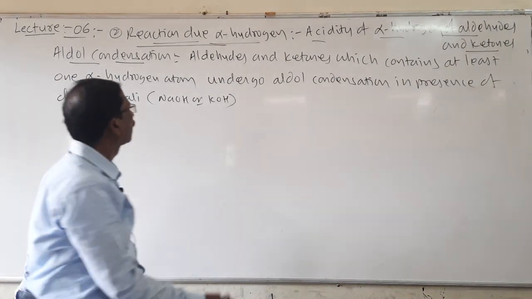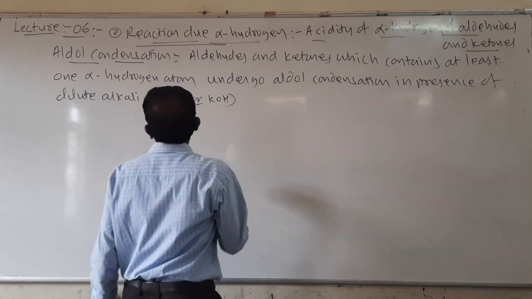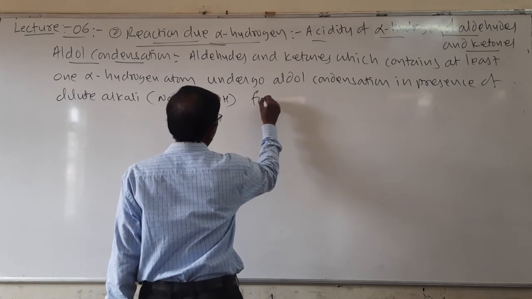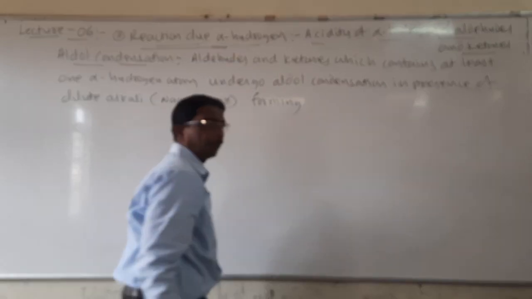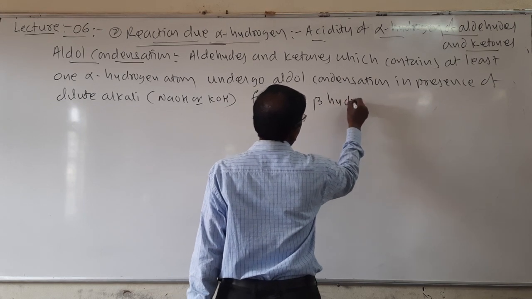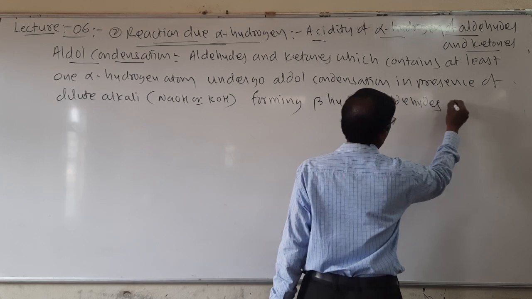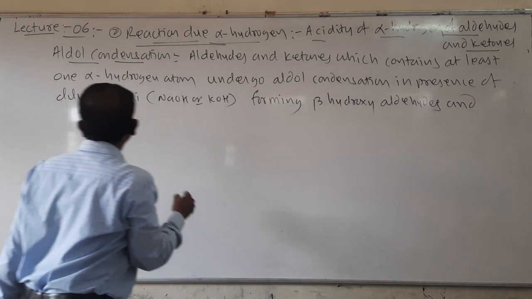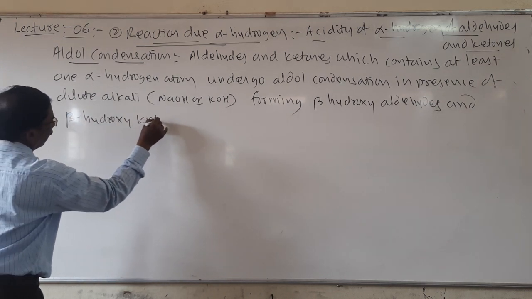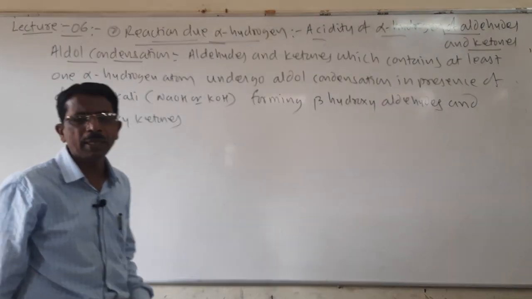So aldehydes and ketones with at least one alpha hydrogen atom undergo aldol condensation in presence of dilute alkali, forming, look here, the very important products: beta hydroxy aldehydes and beta hydroxy ketones.